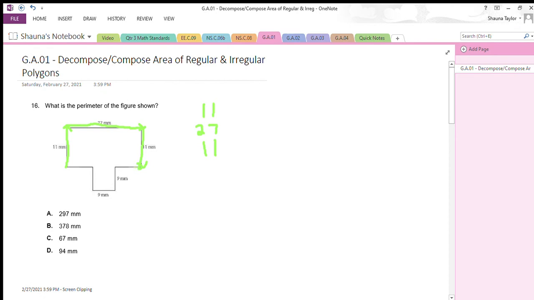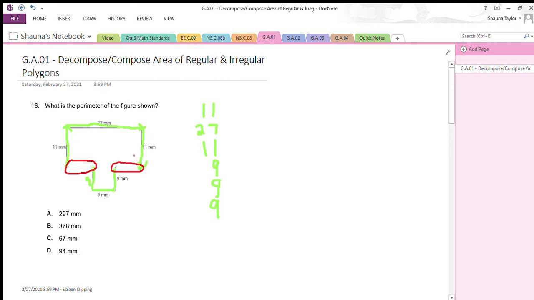And then I don't see anything this way. No number. But going down, I see that this is 9. Going across, this is 9. Oh, look, if this is 9, I think this is 9. Does that make sense? So there's another 9. So the only 2 that I don't know is this part and this part.